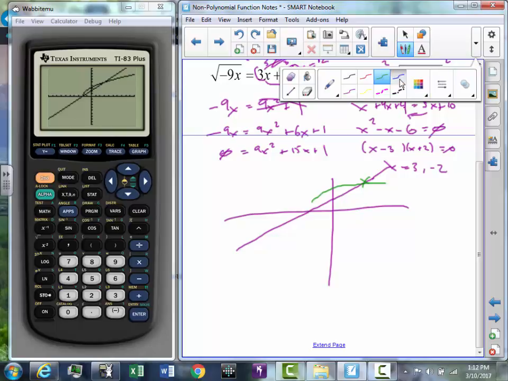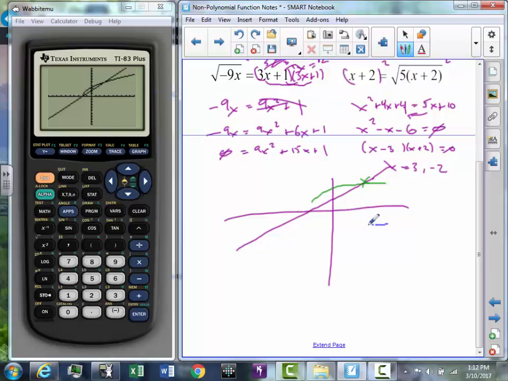The accidental second solution would be as though the other half, like the negative side of the radical, was allowed. If it was allowed, do you see how it possibly could have given you a second solution? But the problem is that for it to be a function, we only consider the positive one. And so therefore, you end up having what looks like two solutions, but one of them actually has to be not counted. Does that help you visualize what we're describing there?